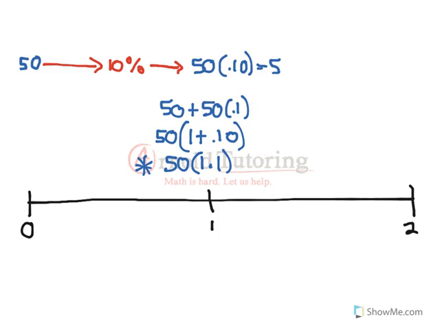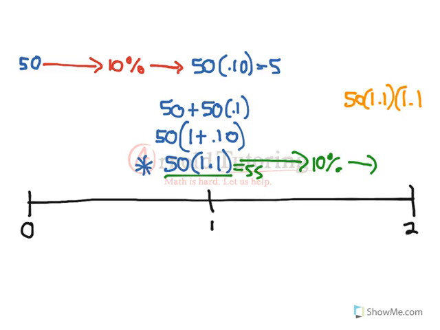What's going to happen when we earn another 10% in year 2? Basically the exact same thing, only our starting amount has changed. It's not 50, it's 50 times 1.1, or 55. So now we're going to earn our starting amount, as usual, 1.1, times another 1.1.